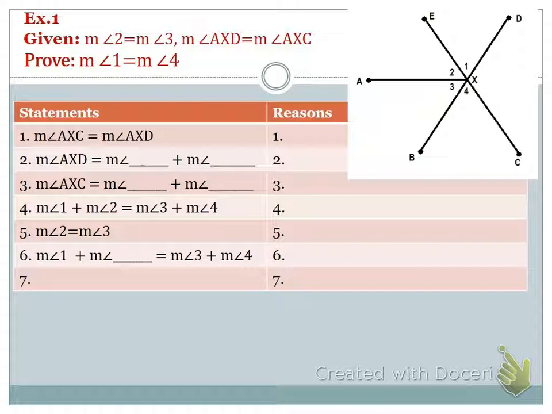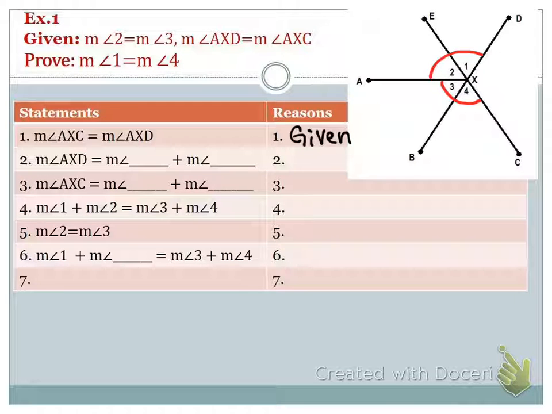So we know that we can go ahead and fill in our first reason as given. It might also be helpful for us to mark that in the diagram. So angle AXD is this large angle up here, and angle AXC is the large angle down here.